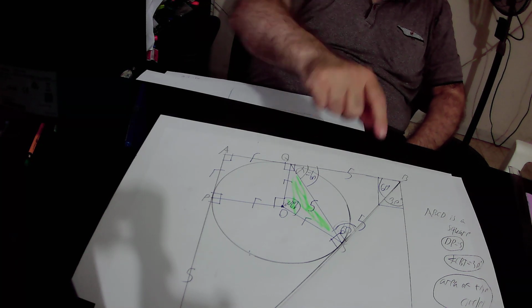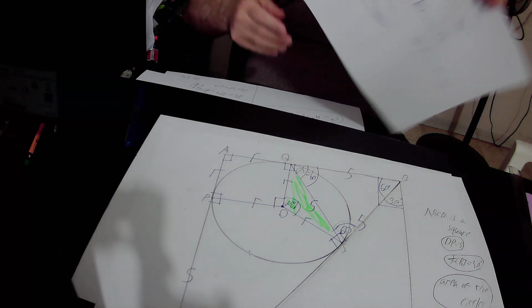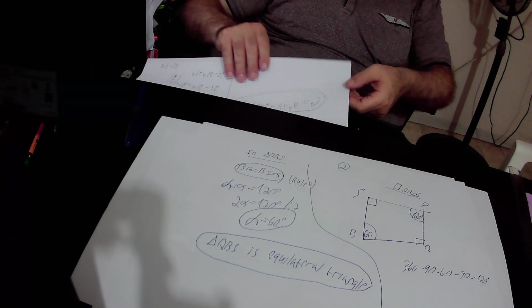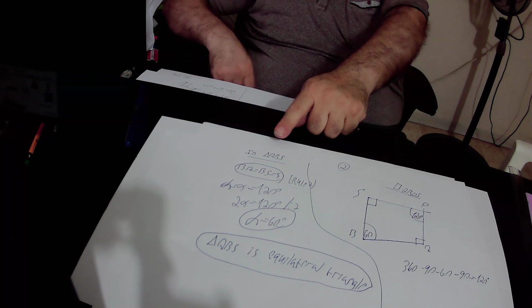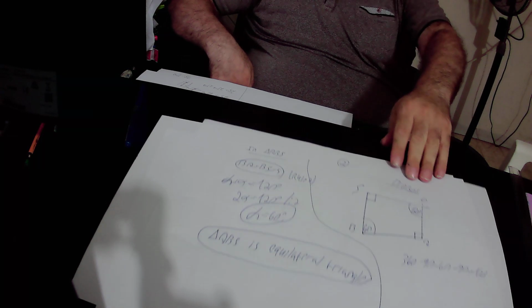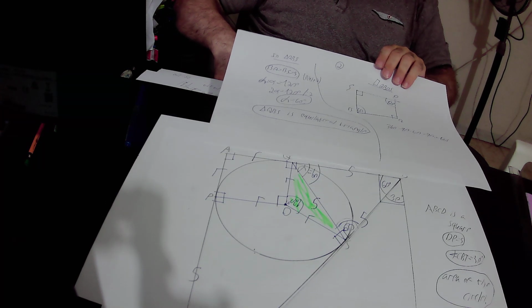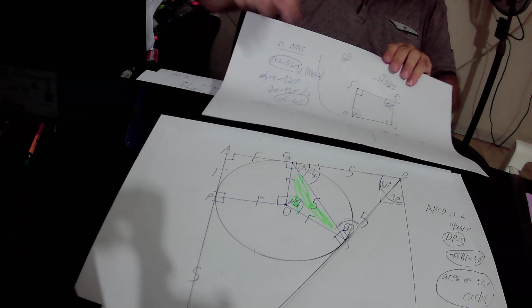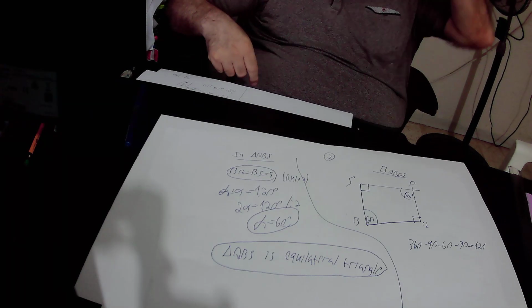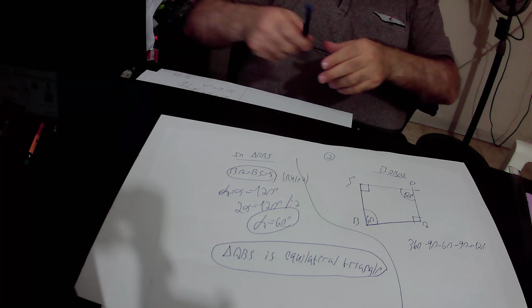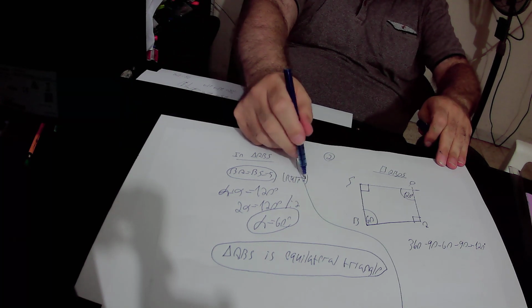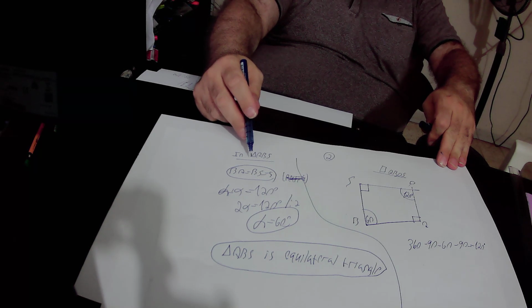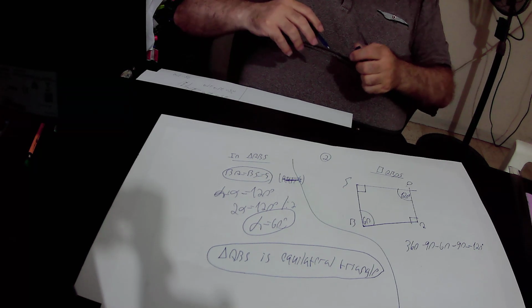BQ equals BS, and they are both equal to 5 units. It is not according to rule number 2, of course. We already found out that those two sides are both equal to 5 units.